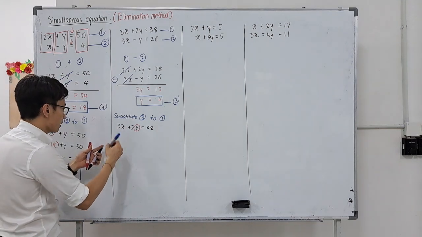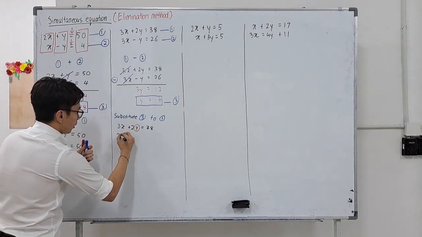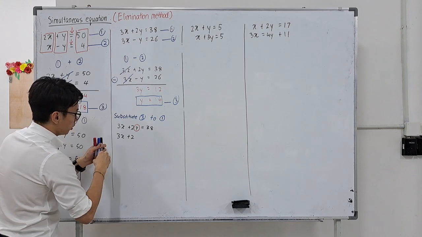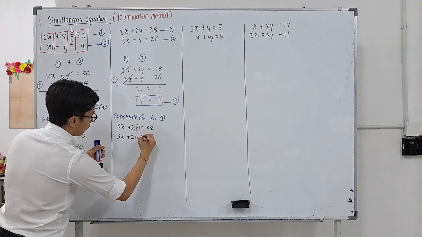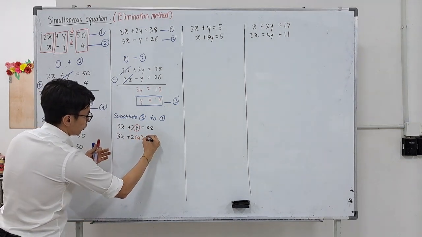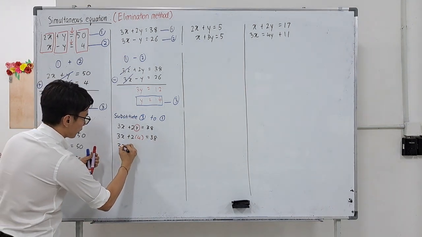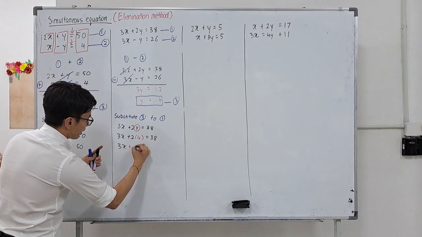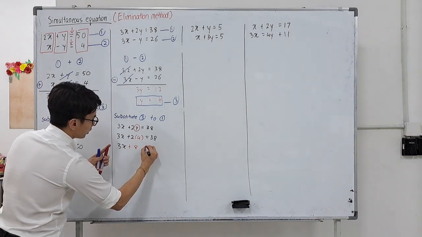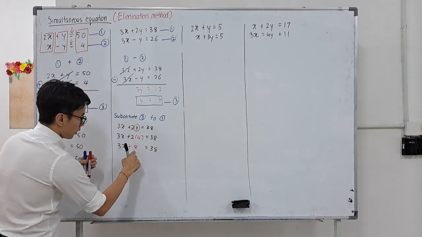So I will rewrite this as 3x plus 2 bracket 4, that's going to equal 38, alright, and then we can solve this very quickly. Plus 8, then that equals 38, alright.